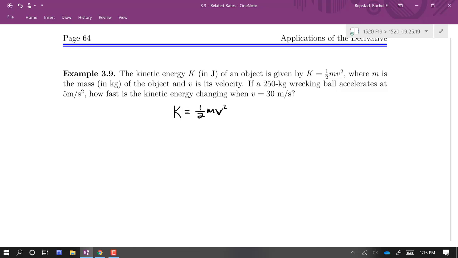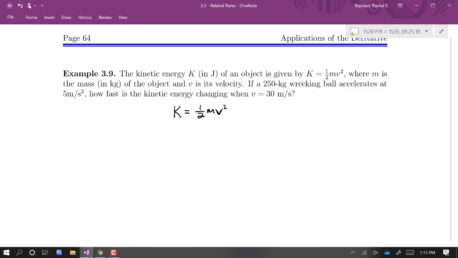I just want to be aware of what's changing. What are the quantities that are changing? Are there any quantities in this equation that are static in this scenario? The mass. The mass is not changing. So if there's any quantity that is not changing over time, you can plug that in right away. Any quantity that does change over time, you have to wait until after you differentiate to plug it in.